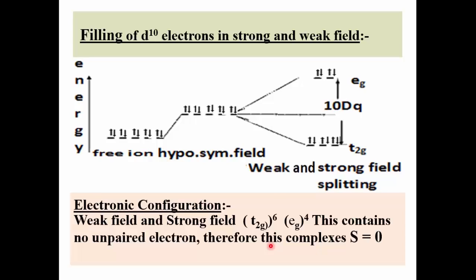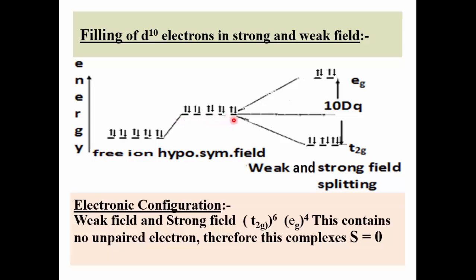Now see the next one, filling of d10 electrons in strong field as well as in weak field. So this is the free metal ion d orbitals, containing 10 electrons. When the ligand approaches the metal ion, the energy of the d orbitals increases, but the situation of the d electrons remains the same.